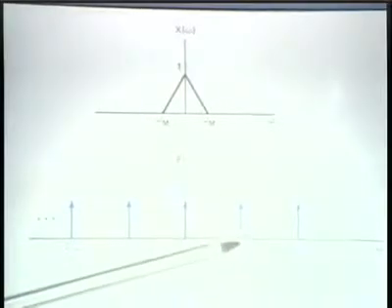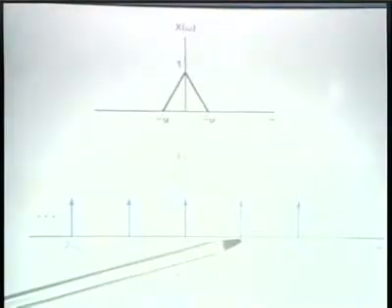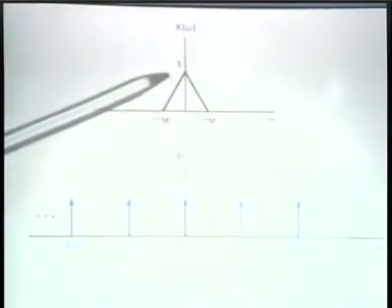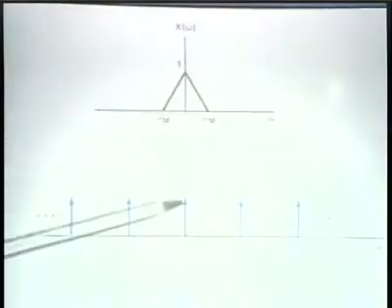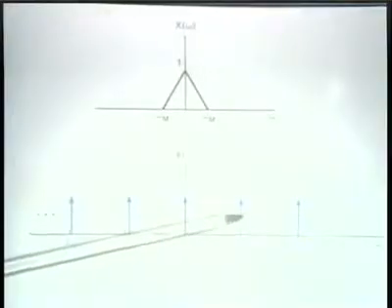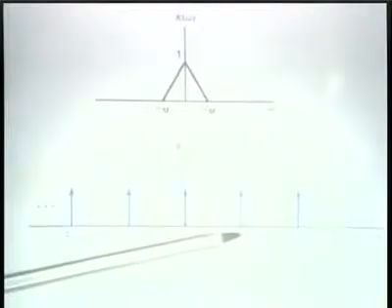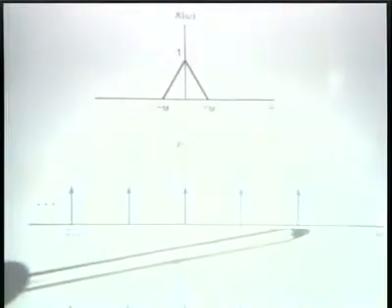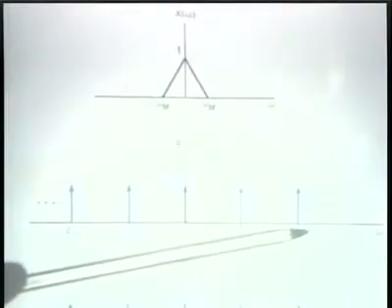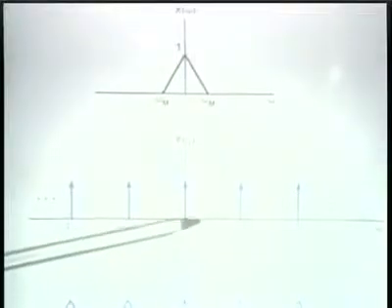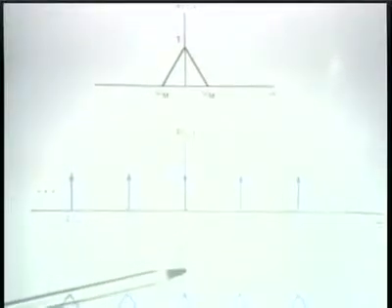And the resulting output of the modulator has a spectrum which is this original spectrum, again, replicated around each of these impulses, in other words, replicated at multiples of the sampling frequency. Now, this is very much identical to the more general case.